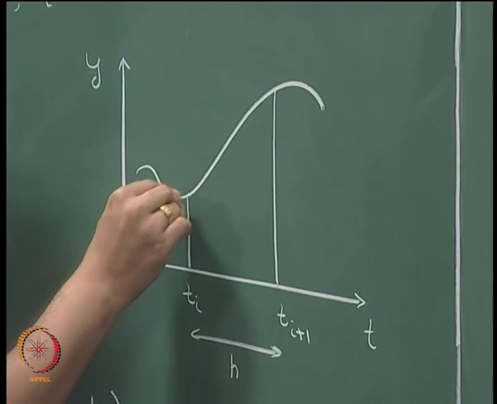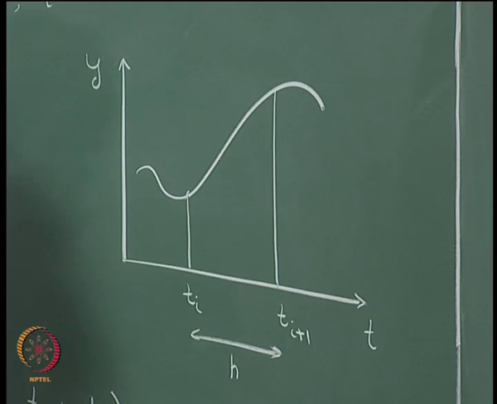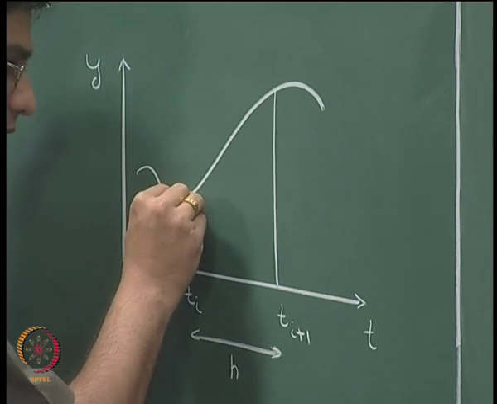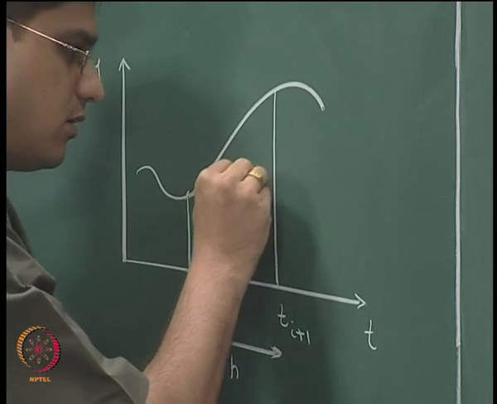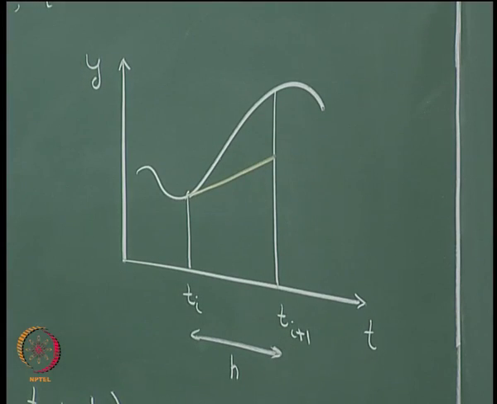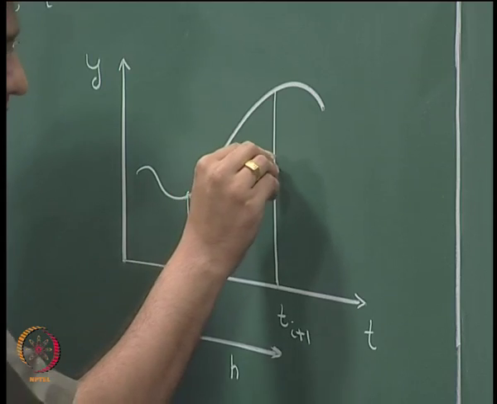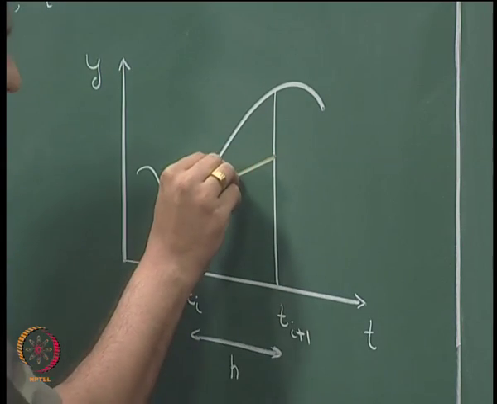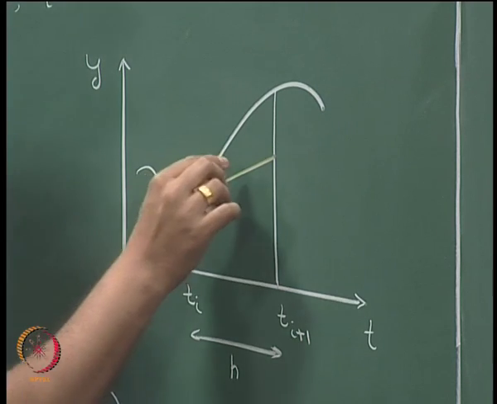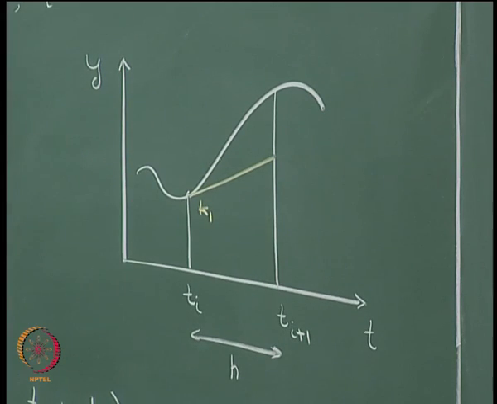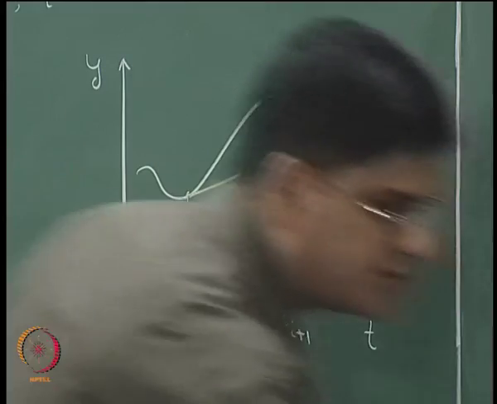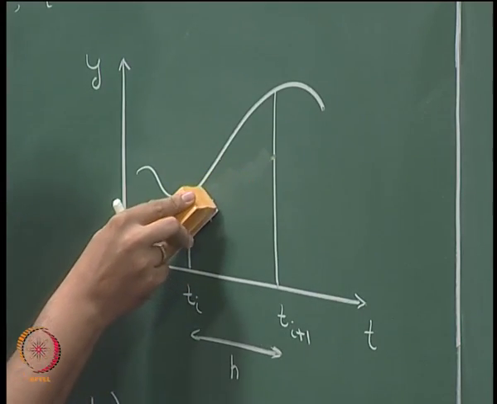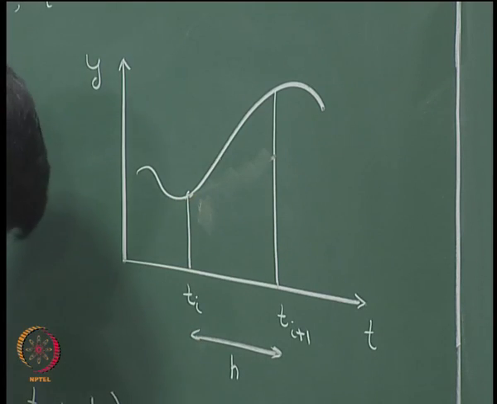At that time k1 is nothing but the slope computed at this particular location, and that slope is represented by this particular yellow line, and that is going to be our k1. Okay. Maybe this particular line does not exactly represent the slope very well. Perhaps I will just redraw that line.